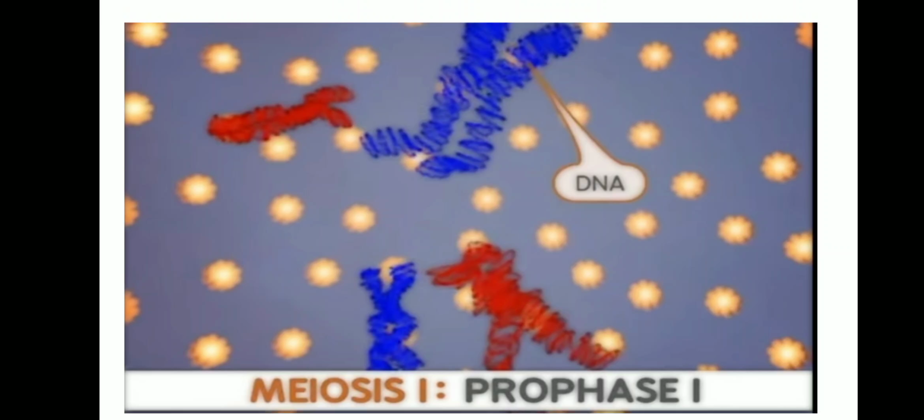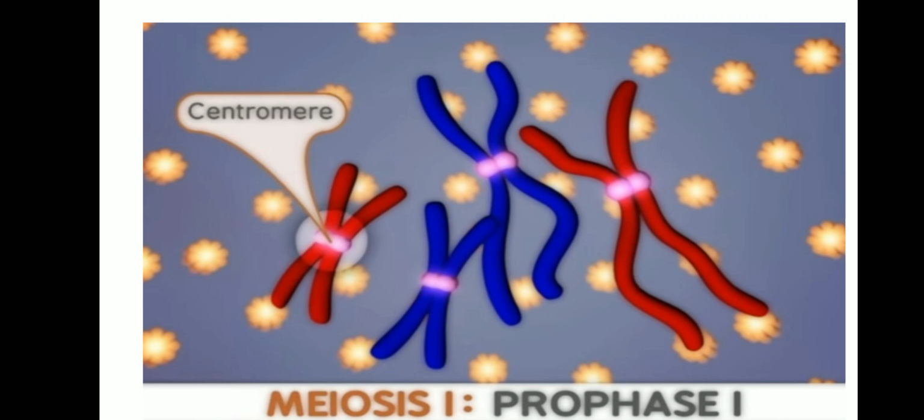First we'll see about prophase 1. In prophase 1, I told you 5 stages are there, no? I'll tell you shortly what happens there. The DNA condenses. That is, the chromatin thread condenses. Where is this chromatin present? It is present inside the nucleus. This gets condensed and forms a chromosome.